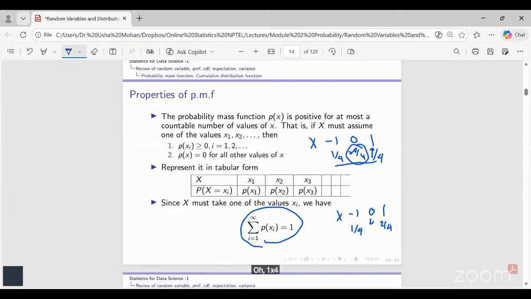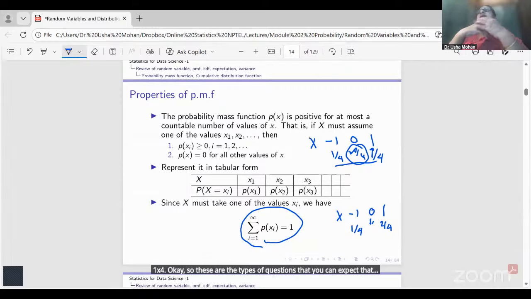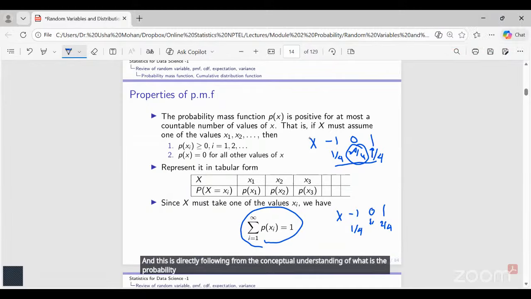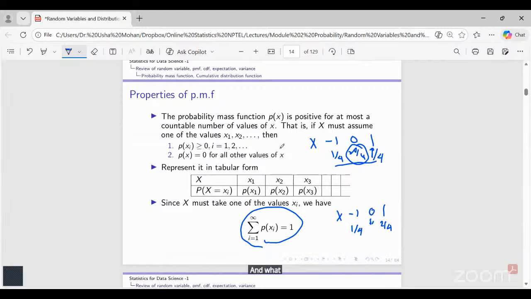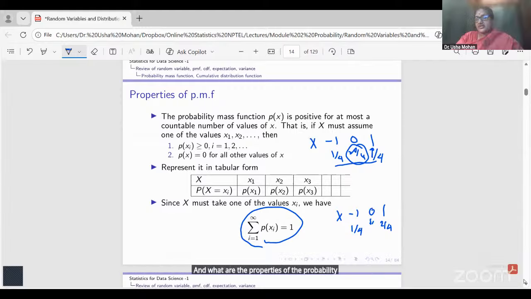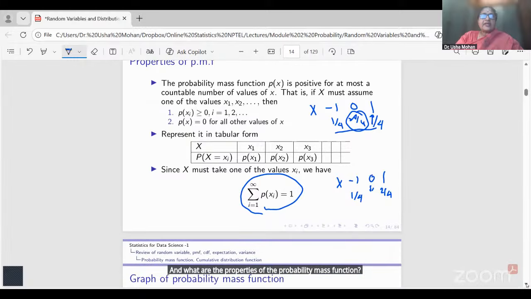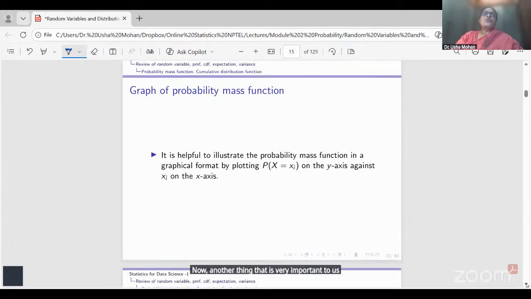These are the types of questions you can expect, and this follows directly from the conceptual understanding of what a probability mass function is and its properties. Now, another thing that is very important to us is to know the shape of the distribution.